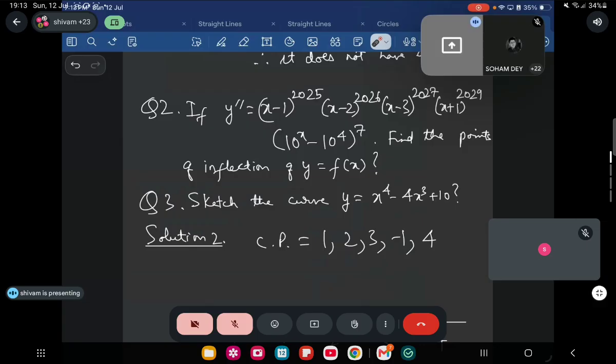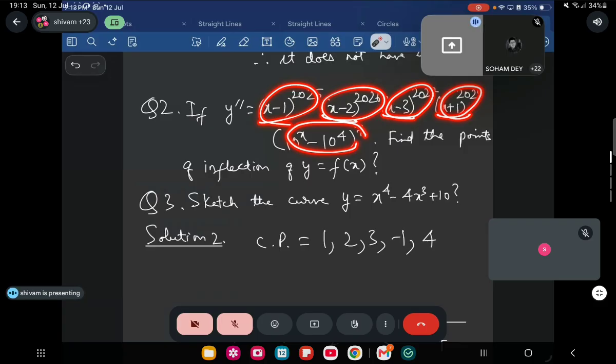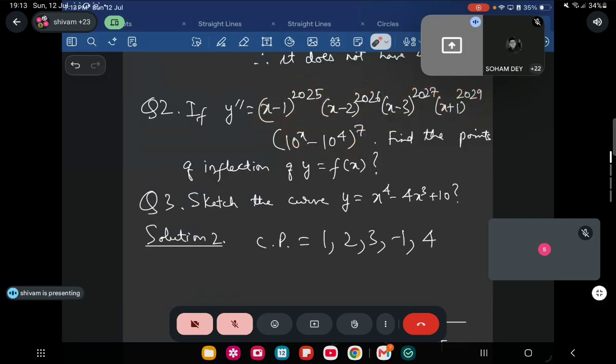See, we need to take any point which is less than the lowest critical point, that is minus 1. This is negative. This is negative. This is positive. Negative, positive, negative, negative, and this one will be negative, right? So how will the graph come? The graph will come from the positive side. After minus 1, it will go. It will pass through it.